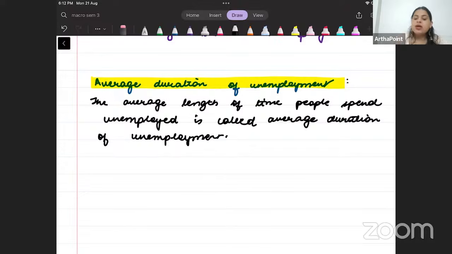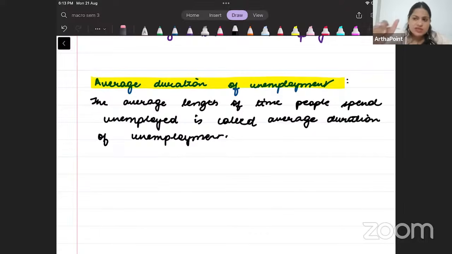Okay, beta. Now, different countries will have different this thing. ठीक है, तो मैं अपनी इंडिया के डेटा को एनालाइज करके I can look into the data and I can tell अच्छा कितने टाइम के लिए on an average it takes a person to get a new job. Suppose today I become unemployed, how much time will it take for me to get into a new job?